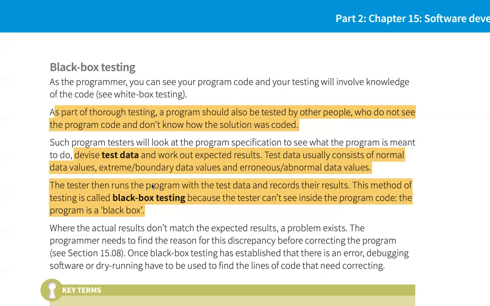That means the coders themselves are not going to be performing the black box testing. It has to be carried out by someone other than the coding parties. They are not accessing the source code. In fact, they may not even have the technical skills to access it. All they can do is simply give the inputs to the software and judge whether it's working properly or not based on the outputs generated.